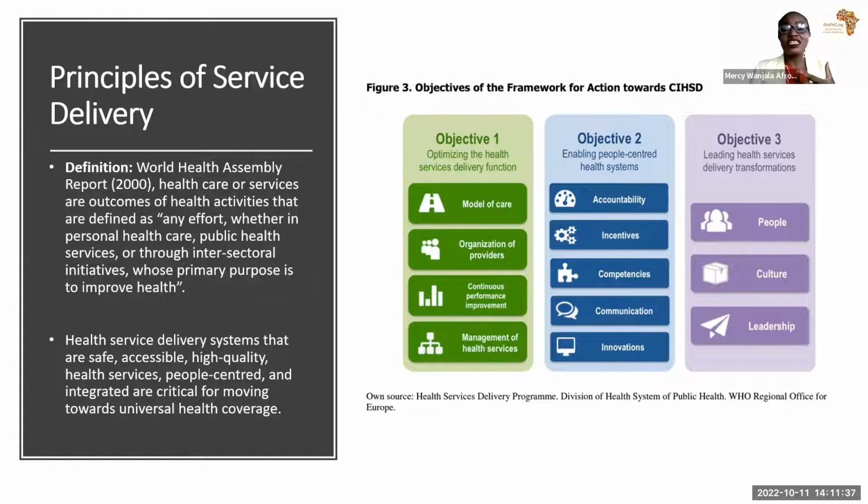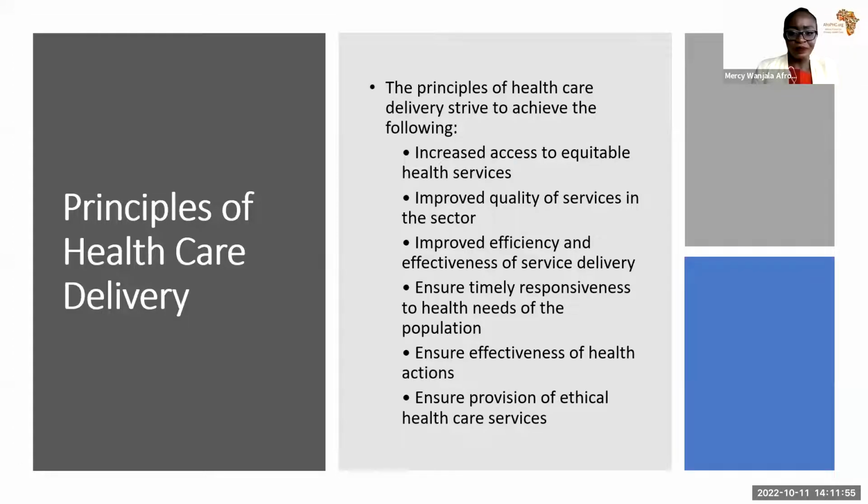So you have to consider the culture within which you want to implement your policies and your strategies to improve healthcare delivery. And most of all, leadership, the first module that we covered, because everything rises and falls on leadership. So that is something to consider as you're setting up service delivery structures.